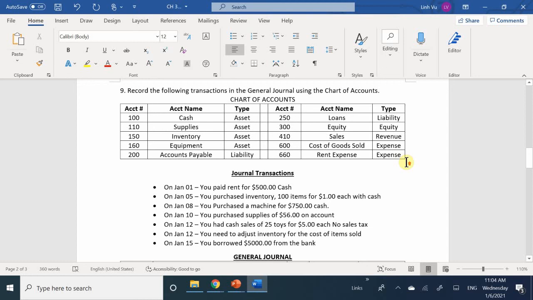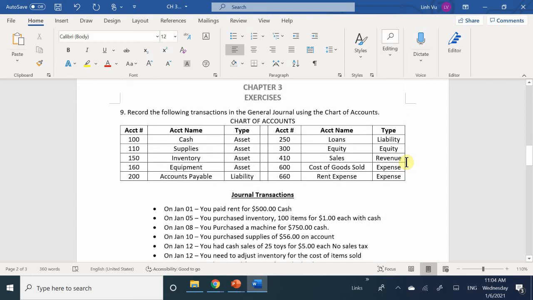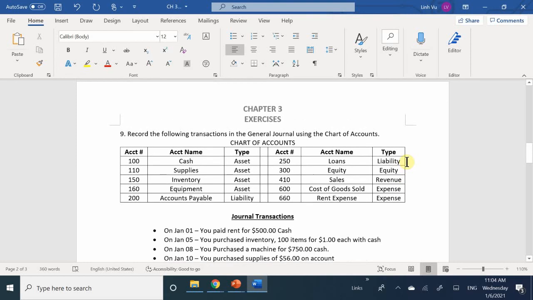Number 1: on January 1st, you paid rent for $500 cash. So, what did I do? This transaction is involved with my business, so I can skip down to step number 4, which is use the chart of accounts. Do I have the necessary accounts to fulfill this transaction? What did I do?